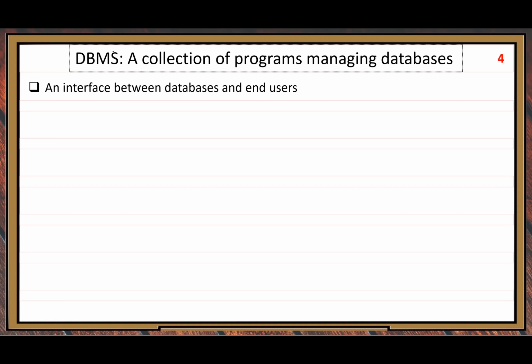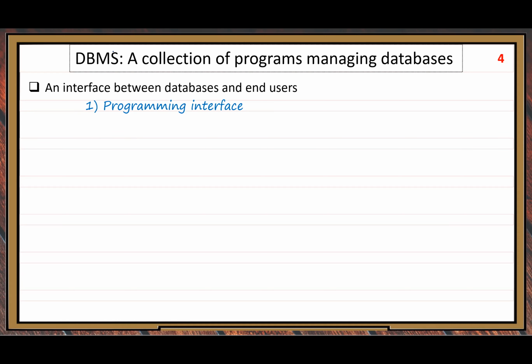And it provides an interface between databases and end users. Here there are two types of interfaces. The first type, programming interface. For us programmers, it needs to provide some way to access the databases. So we, as programmers, need to use the programming interface.